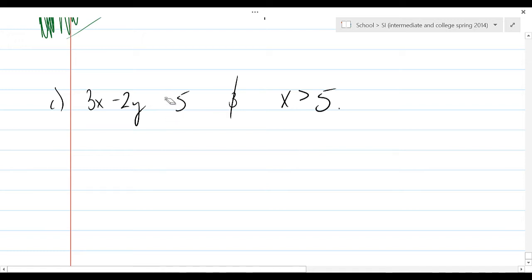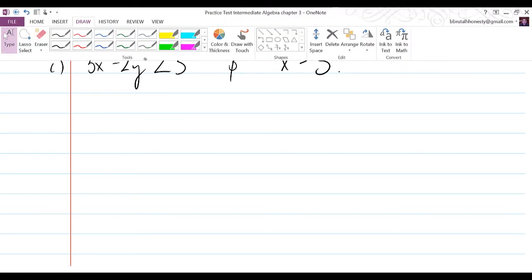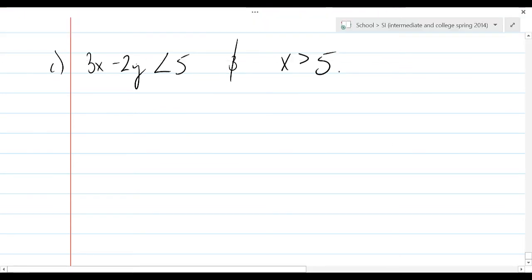It looks like 25. It's not 25. It's less than. Okay, so first thing to do is, actually, let's put this into slope-intercept form first. Let's subtract 3x from both sides, so I get negative 2y less than negative 3x plus 5. Let's divide by negative 2.